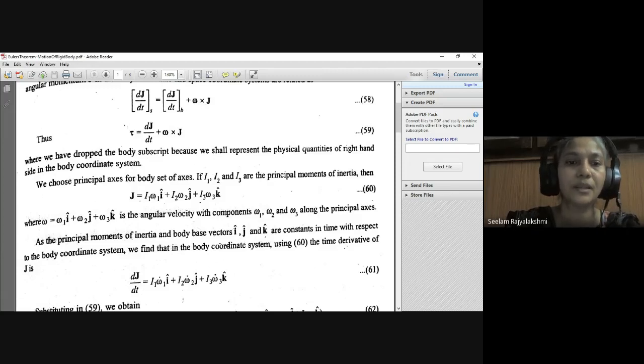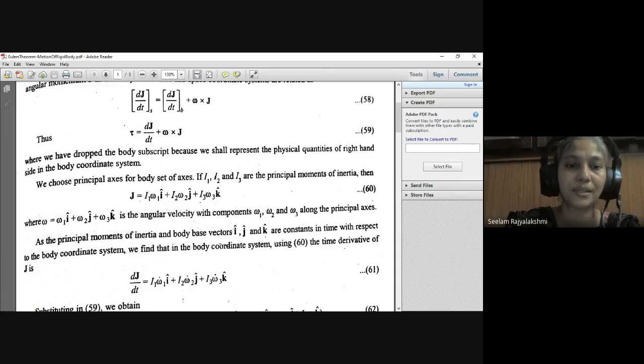Let us consider dJ/dt, and next we will consider omega cross J. Already we have tau equals dJ/dt, and now we will find dJ/dt by differentiating J with respect to t.